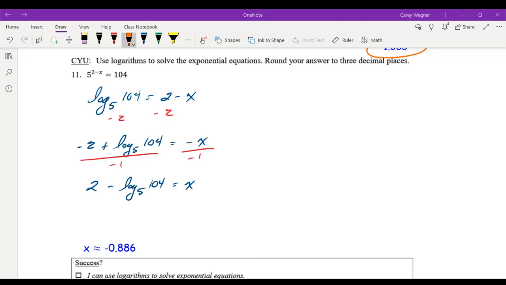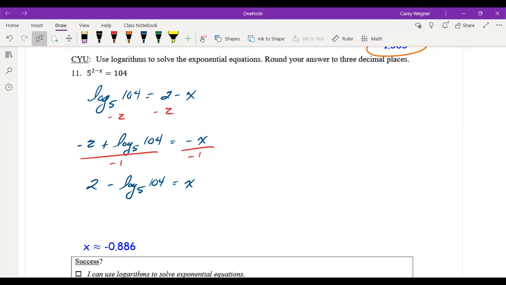There you can see my process. Now notice this time I did something a little bit differently, where when I subtracted 2 from both sides, instead of subtracting it behind the logarithm, I decided to add the -2 in front of the logarithm. Either way is perfectly fine, and really it's just a matter of what you would rather do.